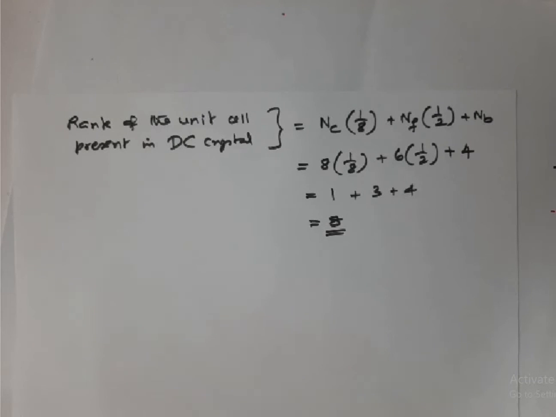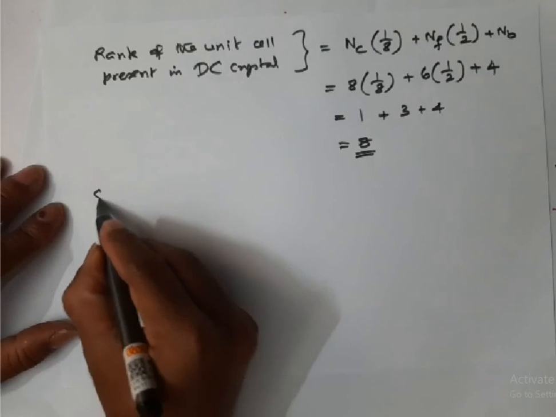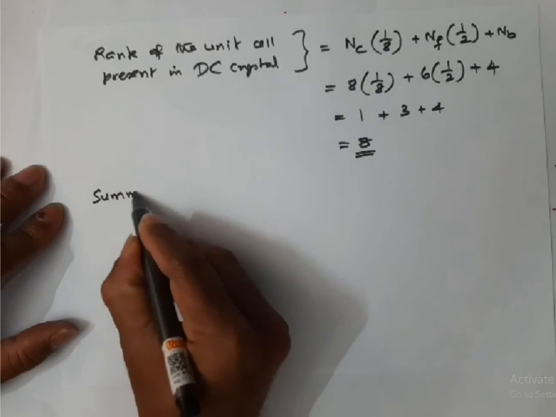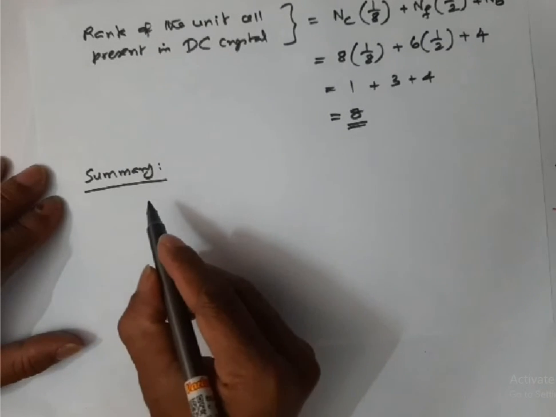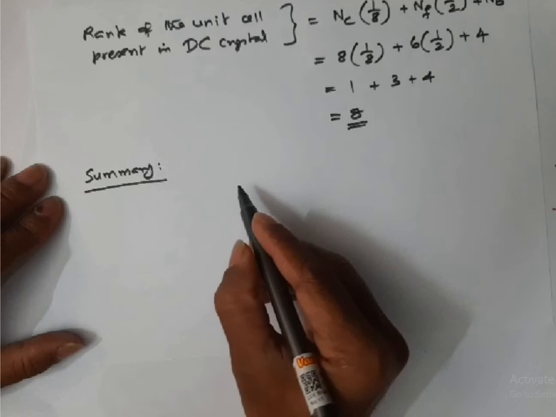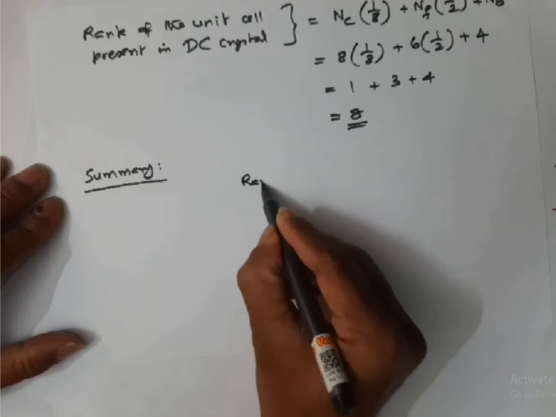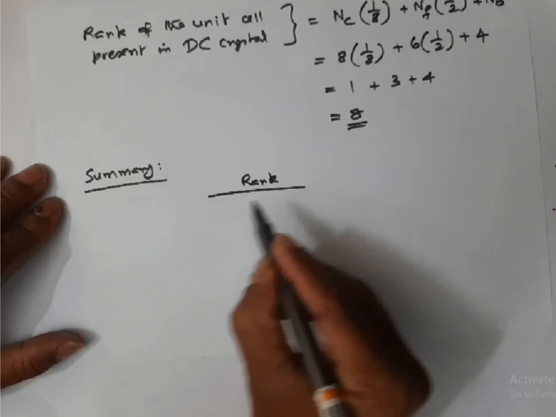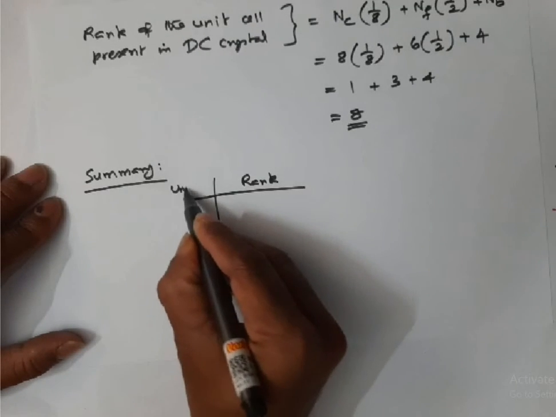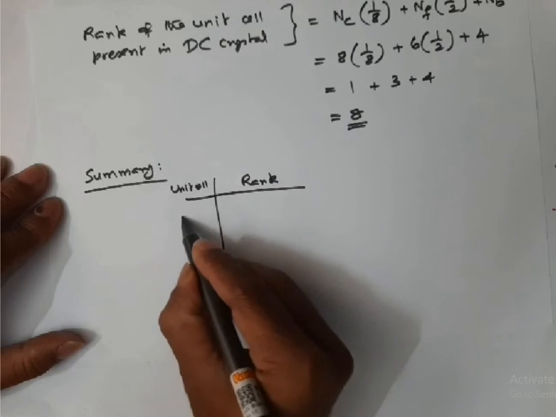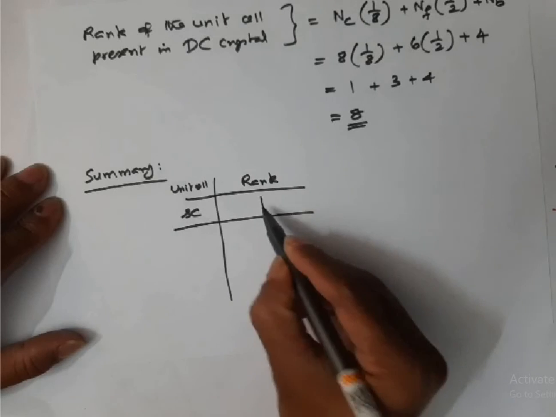So now you know the rank of simple cubic unit cell. Let me just summarize that. You know very well rank for different unit cells. For simple cubic unit cell, rank is 1.